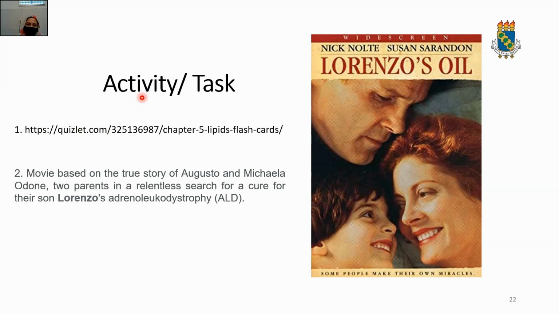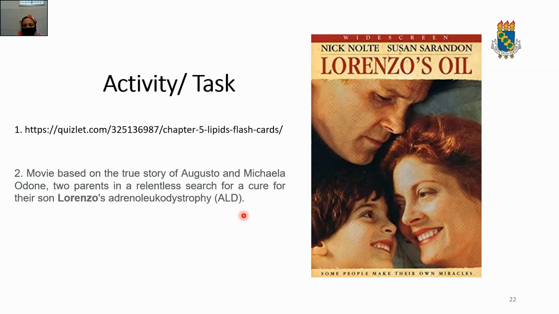This is one activity, and another activity is to watch this movie, Lorenzo's Oil. It's a very informative movie about a kind of disease, which is called adrenoleukodystrophy, ALD, and it is caused by lipid disorders.